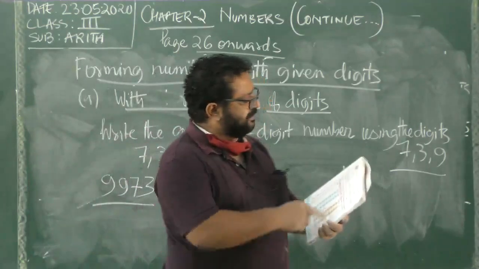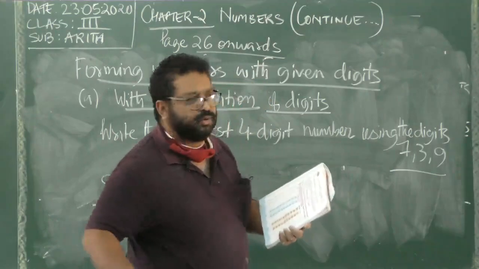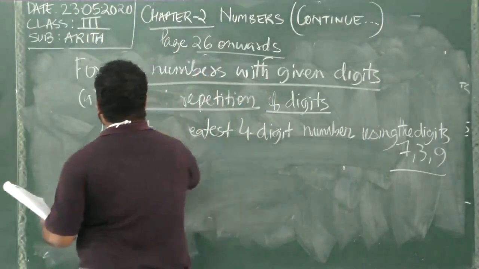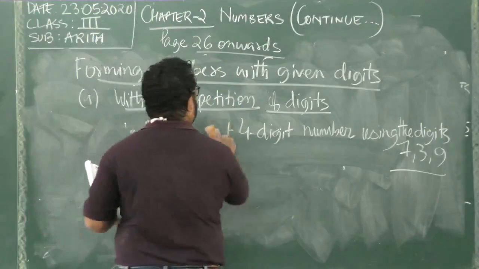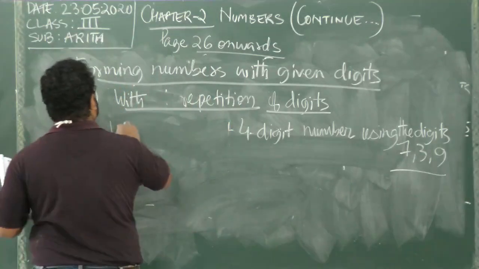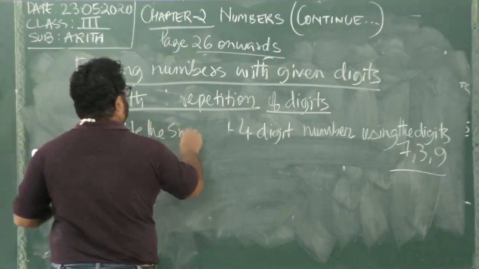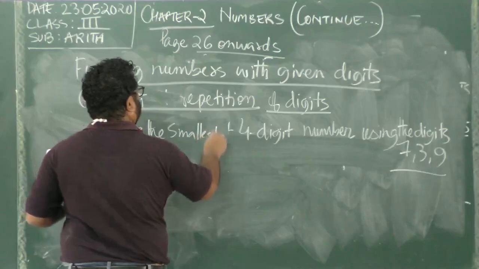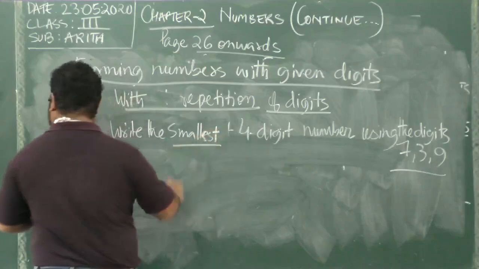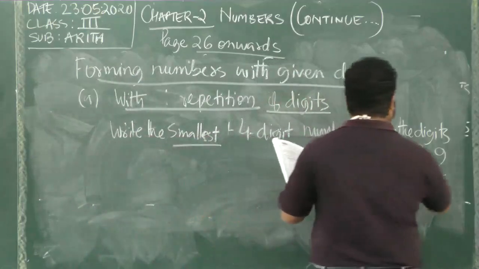Then page number 35 says, write the smallest 4-digit number using the digits 2, 0, 5. Write the smallest 4-digit number using the digits.